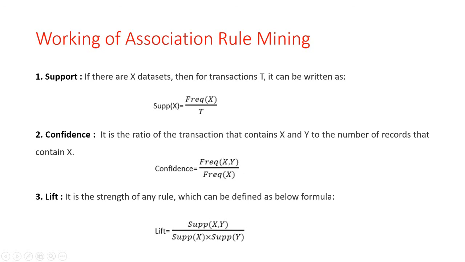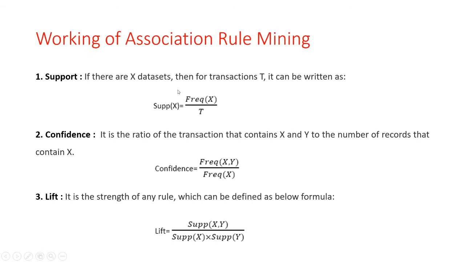So in the confidence we can also say how many times the items X and Y appear together in the data set when the occurrence of X is already given. It is the ratio of transactions that contain X and Y to the number of records that contain only X. So this is the confidence.